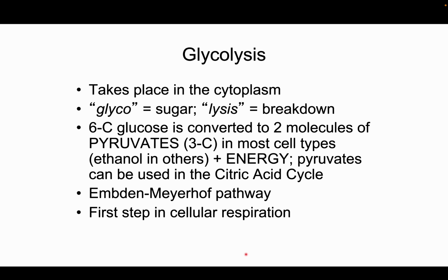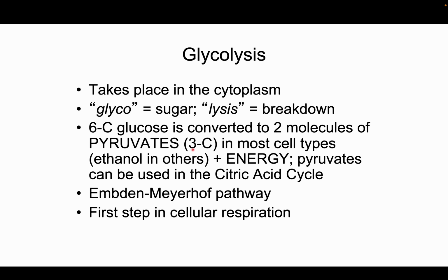So glucose is a 6-carbon molecule, and during glycolysis, it's converted to two molecules of pyruvate, which are 3-carbon compounds. In most cell types, that's what is expected, but in others, ethanol can be a molecule that is involved during glycolysis.